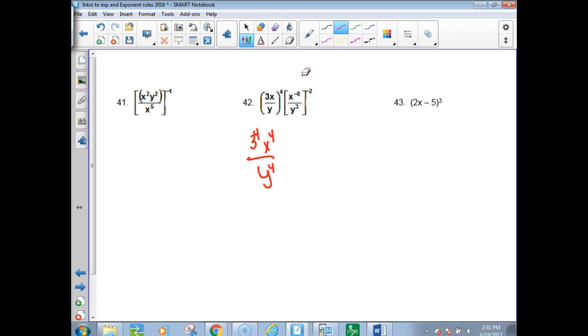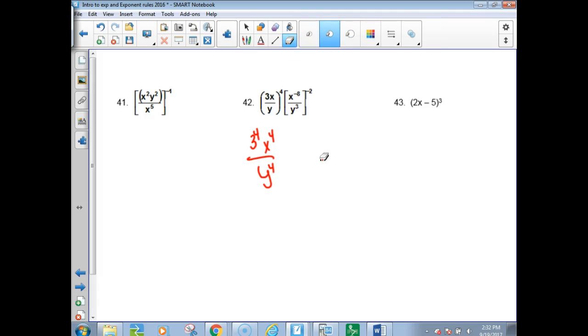But what do I need to do because I have a negative exponent? All right, let's just flip it. Y to the 3rd over x to the negative 8. I didn't change any signs. But I do still have it squared. So you guys decided to flip it. We had a different option, which would have been easier.